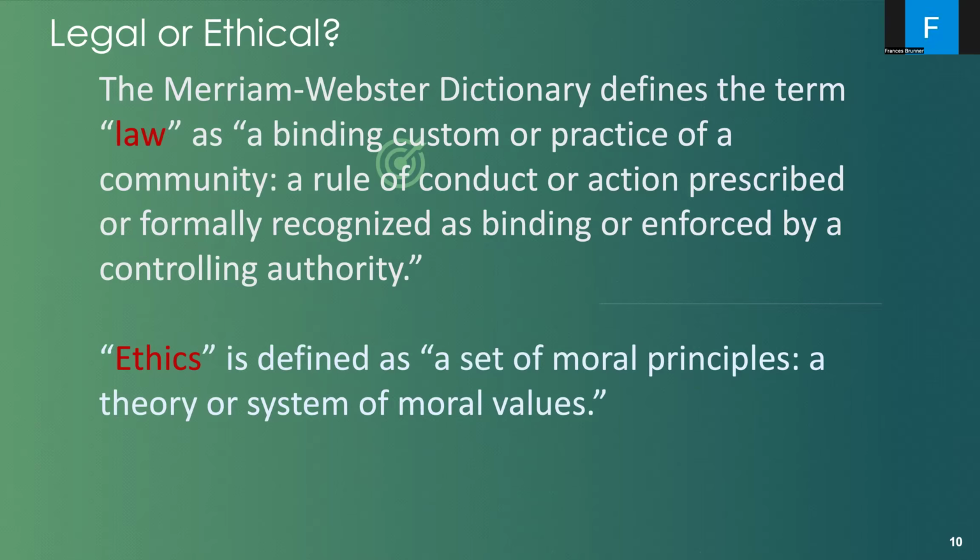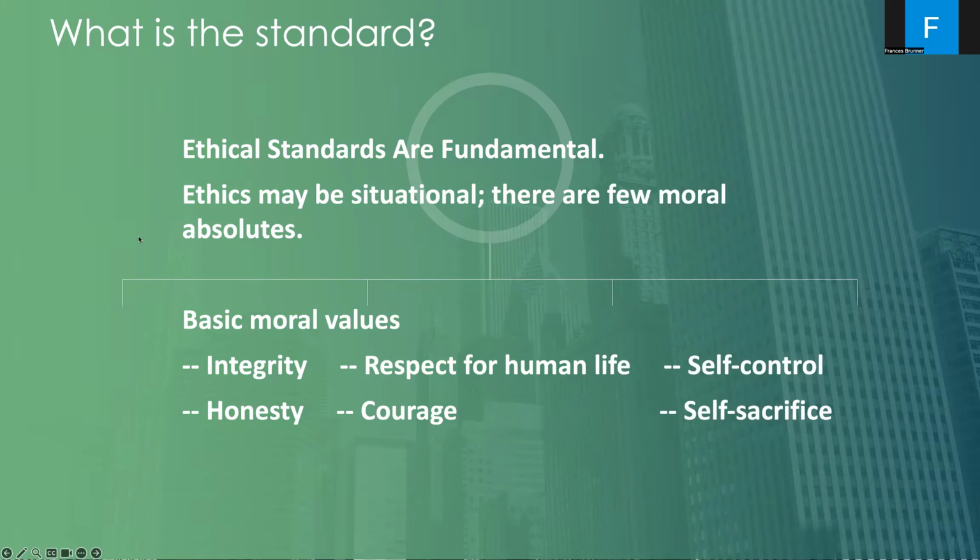Ethics, on the other hand, is defined as a set of moral principles, a theory or system of moral values. So, what is our standard for ethics? Our fundamental standards are subjective, but there are a few moral absolutes.